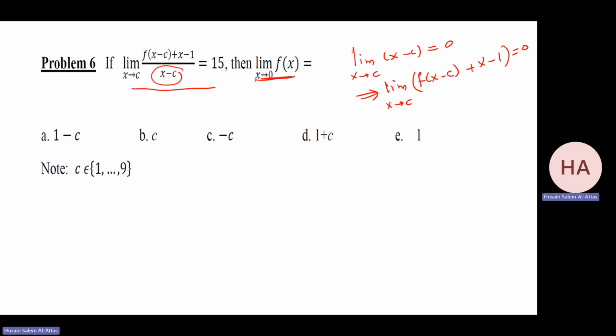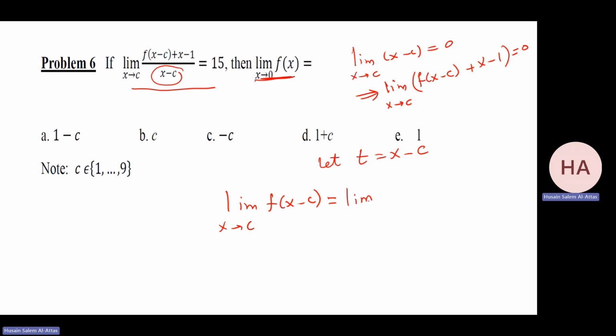Provided this limit exists, I have the limit as x goes to c of f of x minus c. If you let t equal x minus c, so this limit will be what?